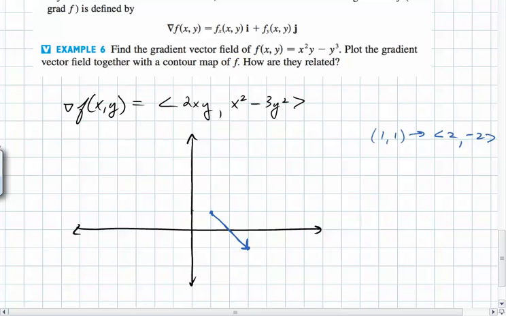Graph me 9 more points. Nine? Why nine? It's kind of arbitrary.